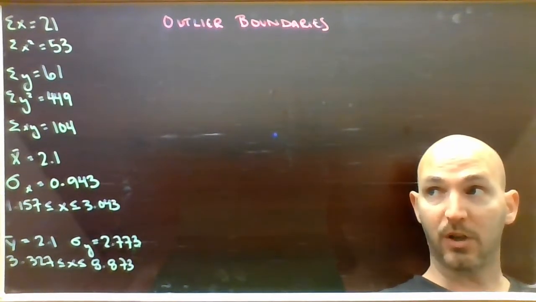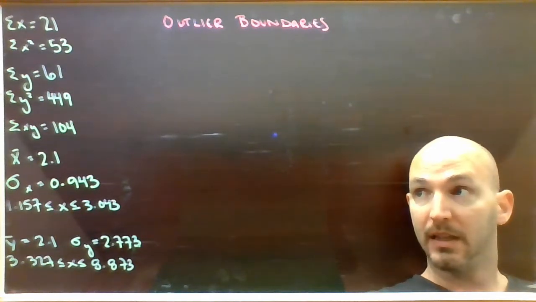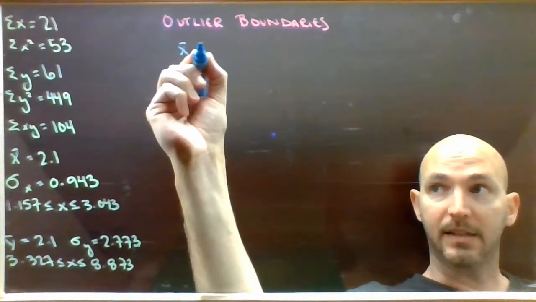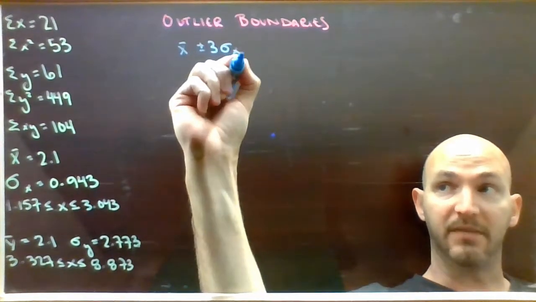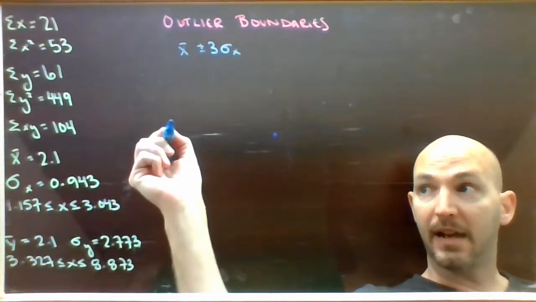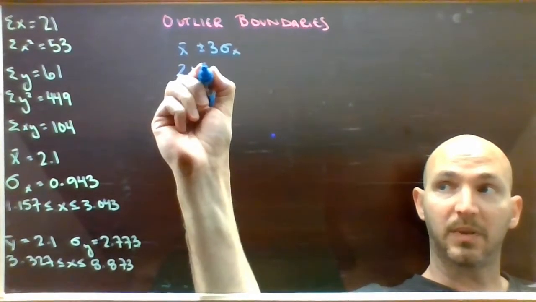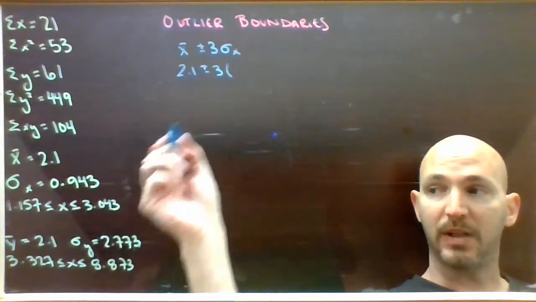So if I were to work on the x values, which are the number of weeks on the job, then I have the x average plus or minus 3 standard deviations of x. My x average is 2.1 plus or minus 3 standard deviations of x, which is 0.943.